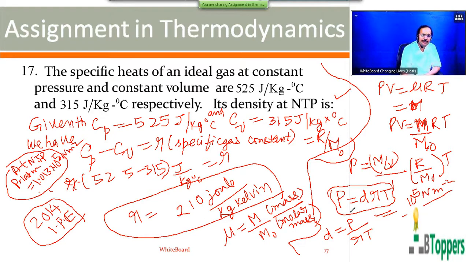Specific gas constant we calculated is equal to 110 joule per kg per Kelvin. So at NTP, the temperature capital T can be taken as 273 Kelvin. So if you want to copy down the working, please take a pause and copy the working.